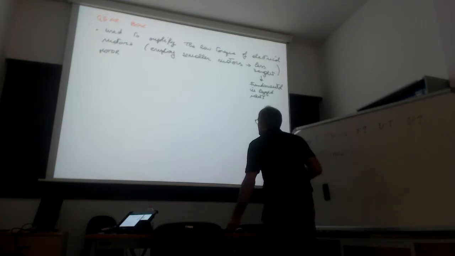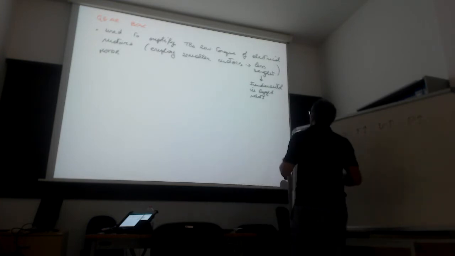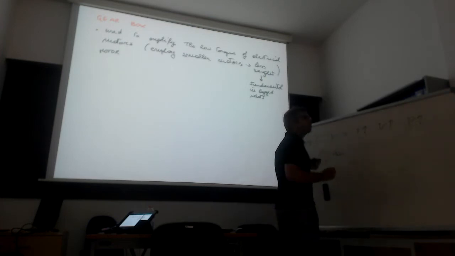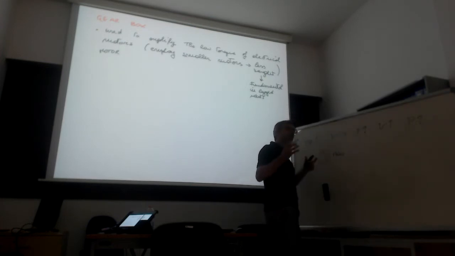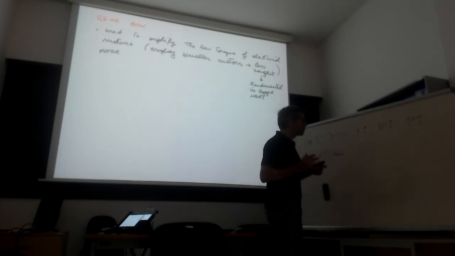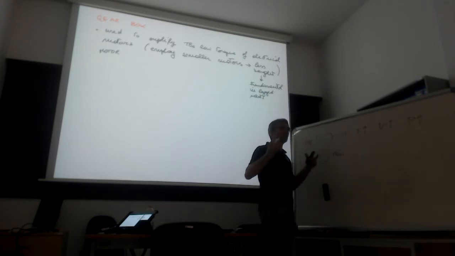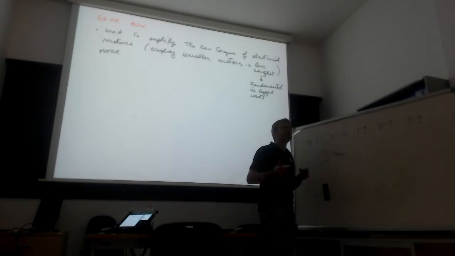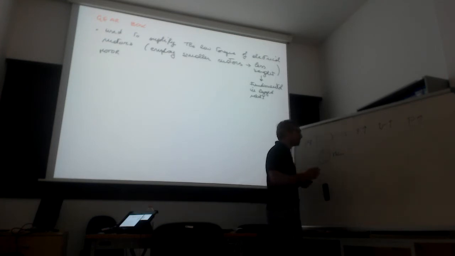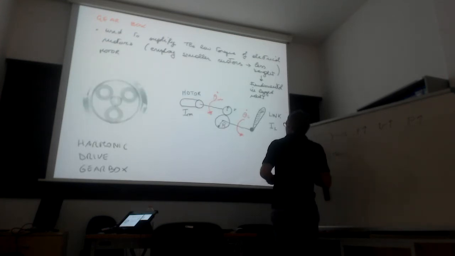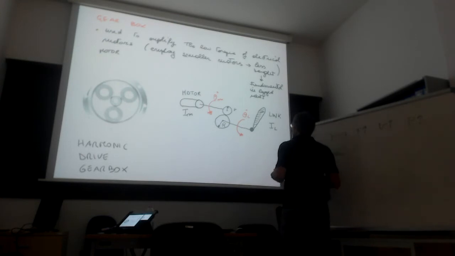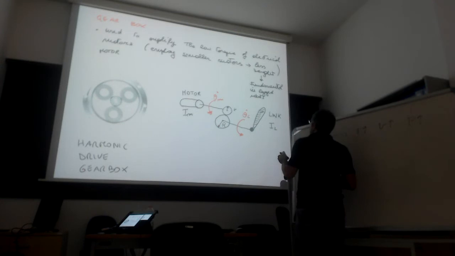The gearbox has the effect of amplifying the low torque of an electrical motor and allows you to use small motors, because if you increase the torque size of a motor, you increase the size and the weight, and then you have a problem, because in legged robots you need to carry around your weight. So if you have a heavy motor, it's not good. The most famous one is the harmonic drive gearbox.